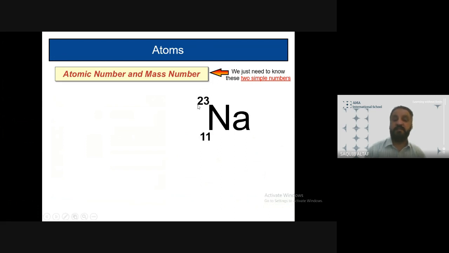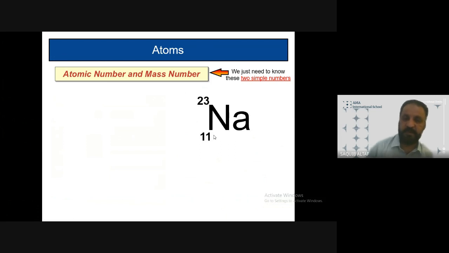And the larger number is always known as the mass number. Mass number is basically protons plus neutrons, and only protons is the atomic number. Protons and electrons are always equal.